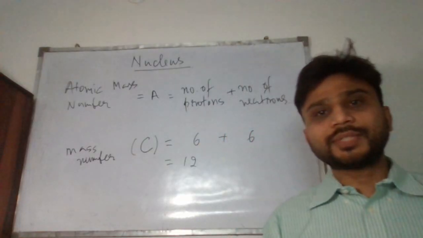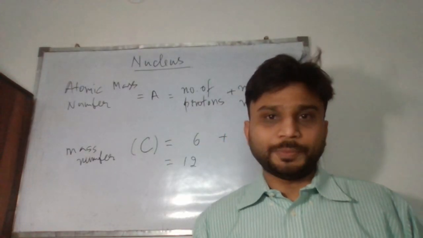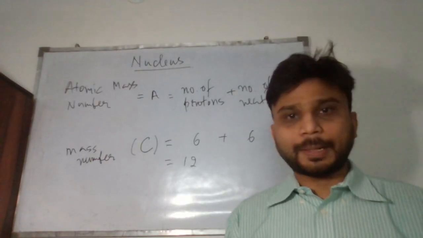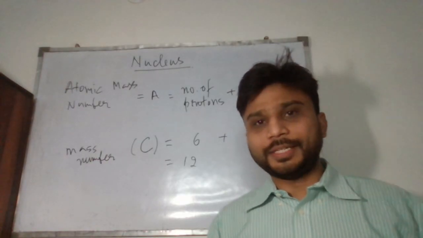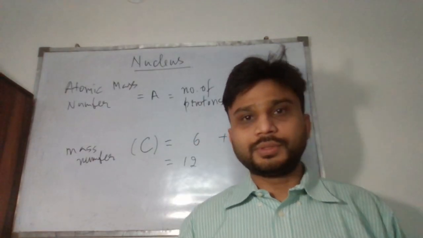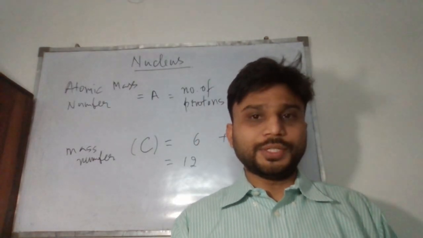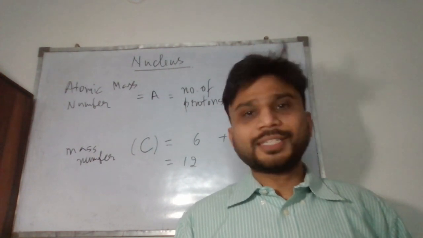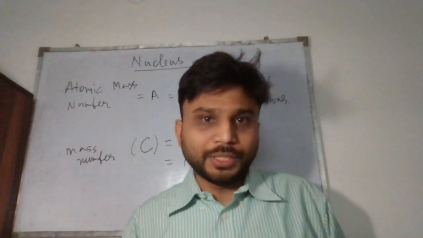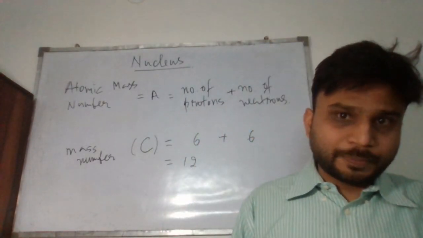So it may seem that there is some kind of symmetry between the number of protons and number of neutrons in all the nuclei which exist in the universe and the world around us. And that is true. There is a lot of symmetry between number of protons and number of neutrons.